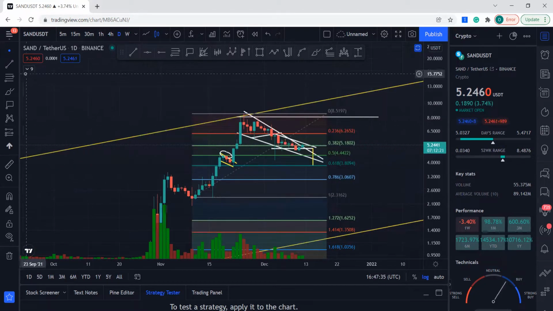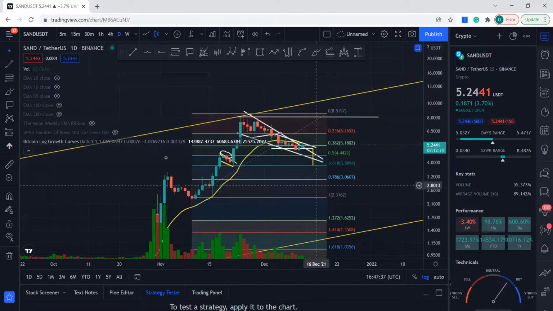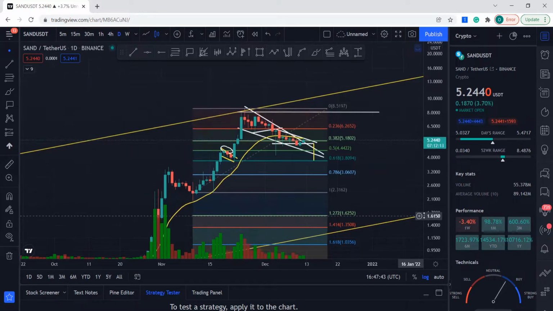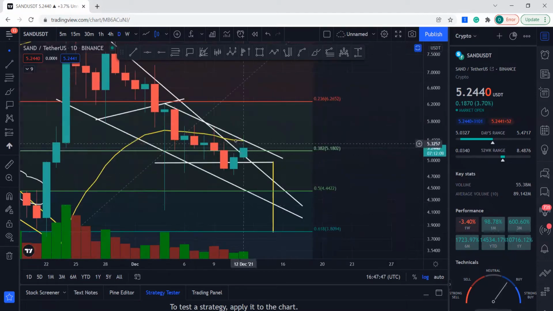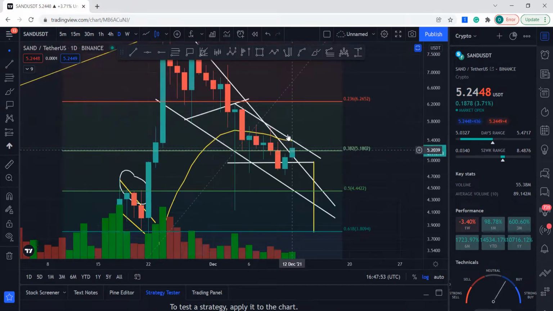Oh, and one more thing, we have to get over the 20 moving average. Let me show you really quick. Another thing we have to do, because we are getting rejected by it. Look at this, that's why we got rejected. We didn't break it. It's coming as a big resistance. If we get over this, that's one sign for you that bulls have the control now, because whenever you're above the 20 moving average, bulls have taken control.